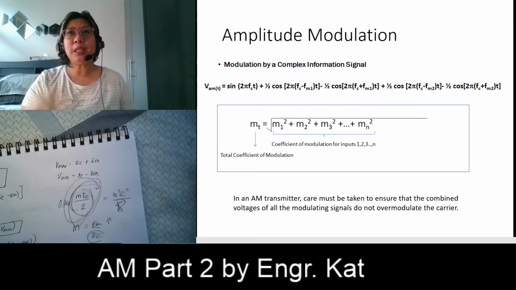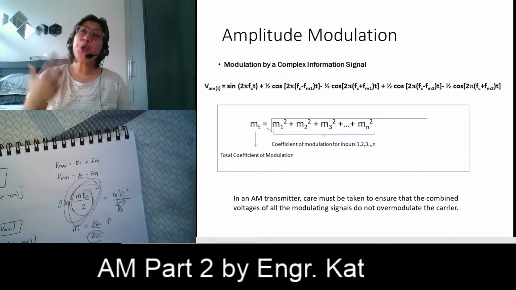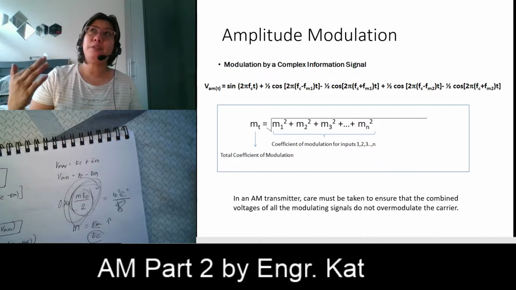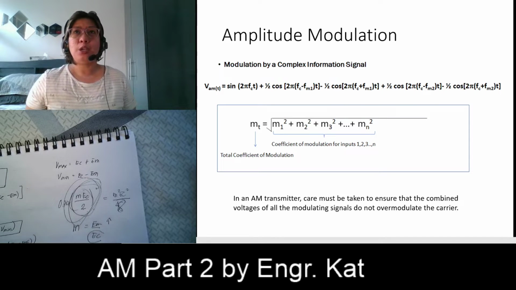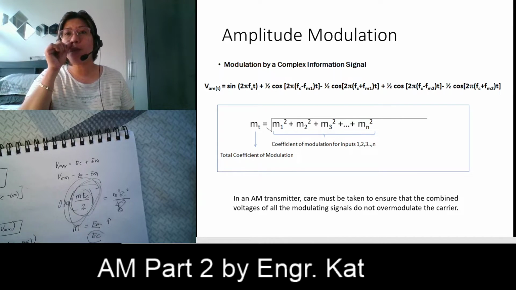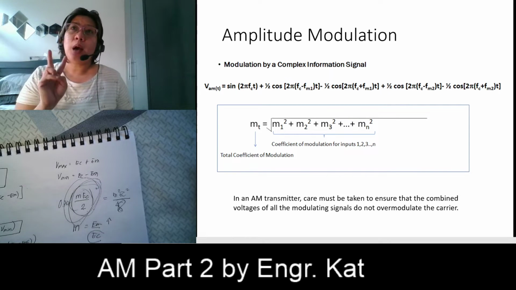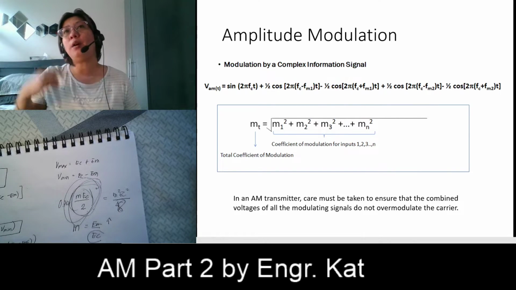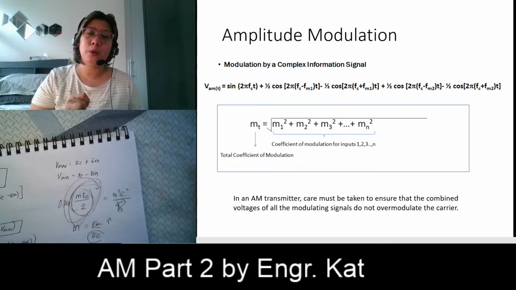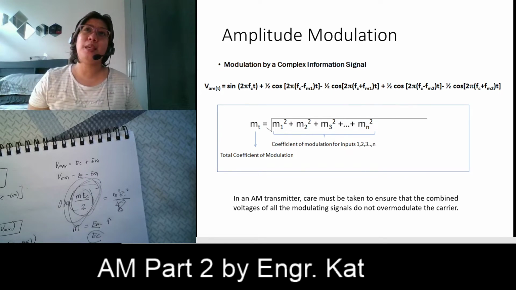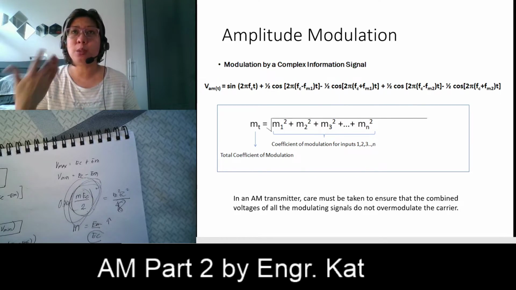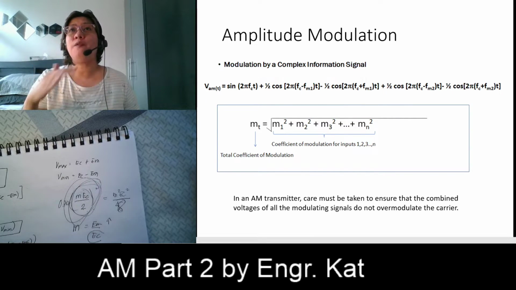If you have three modulating signals, you have six sidebands, and so on. So always remember that each modulating frequency will give you two additional sidebands, one upper and another lower. And each frequency has its own amplitude, its own frequency that will give you its own modulation coefficient.